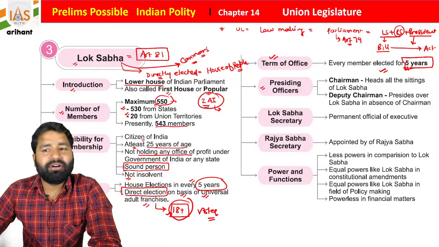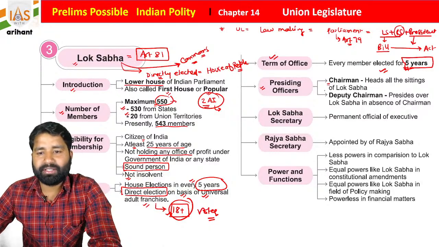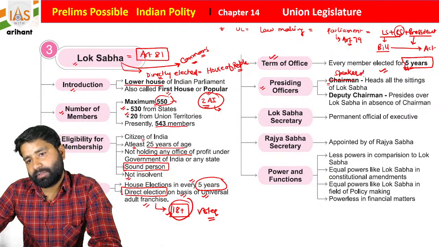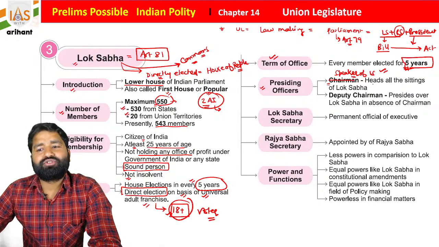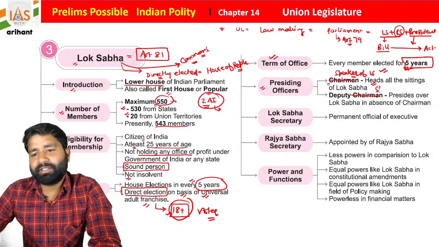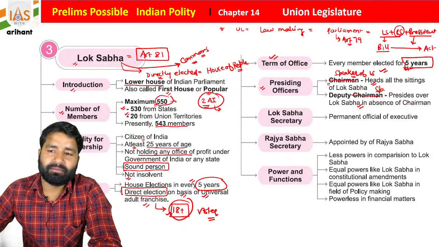Now, the presiding officer: basically there will be a chairman, means he is not a chairman, basically the Speaker of Lok Sabha. He heads all the sittings of the Lok Sabha. The Deputy Speaker presides over the Lok Sabha in the absence of the Speaker.